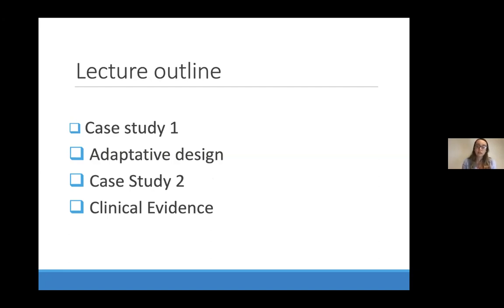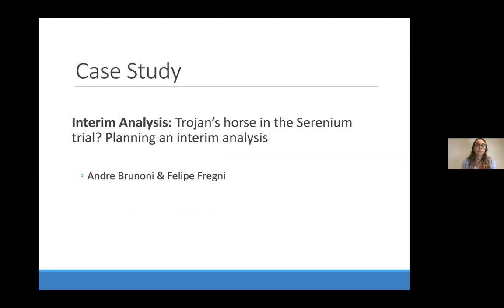We're going to discuss a little bit of clinical evidence and where these studies fell when we talk about medicine-based evidence, okay? To start, I would like to see if some student wants to quickly summarize for us the first case study, the case of the Selenium trial, and whether they decide to plan an interim analysis or not.